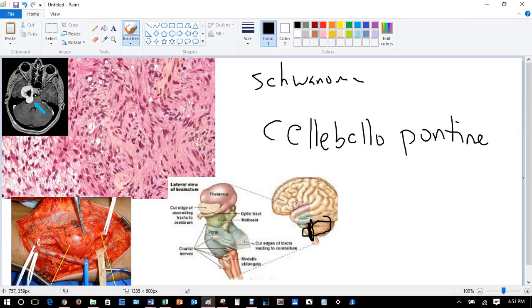It says it can be along any peripheral nerve, as we're seeing over here. Schwann cell origin, it says S100 positive. I don't even know what that is, to be honest with you. It says often localized to cranial nerve 8. Remember what nerve that is? That's the vestibulocochlear nerve.